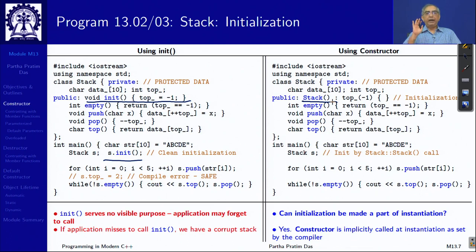Now, if I let users give a name to the initialization function, then somebody will call it init, somebody will call it start, somebody will call it initialization, there will be all confusion, and how will the compiler know? So, give it the name which is the same as the name of the class, because the name of the class is unique, right.